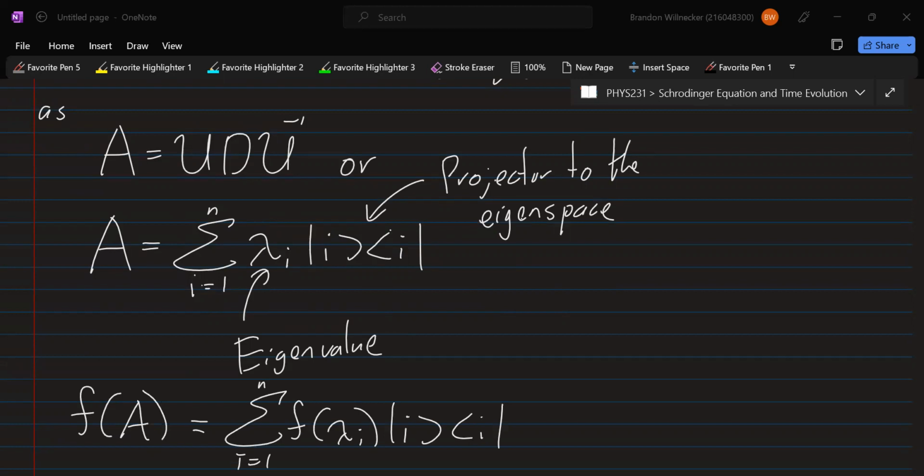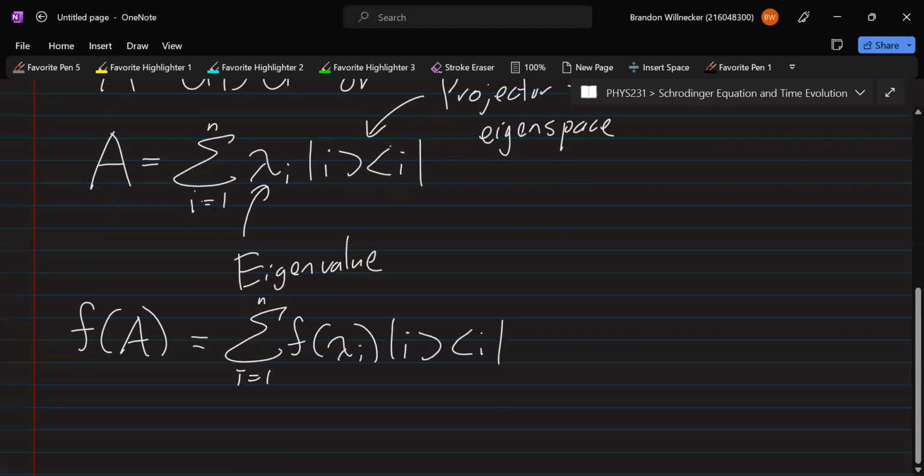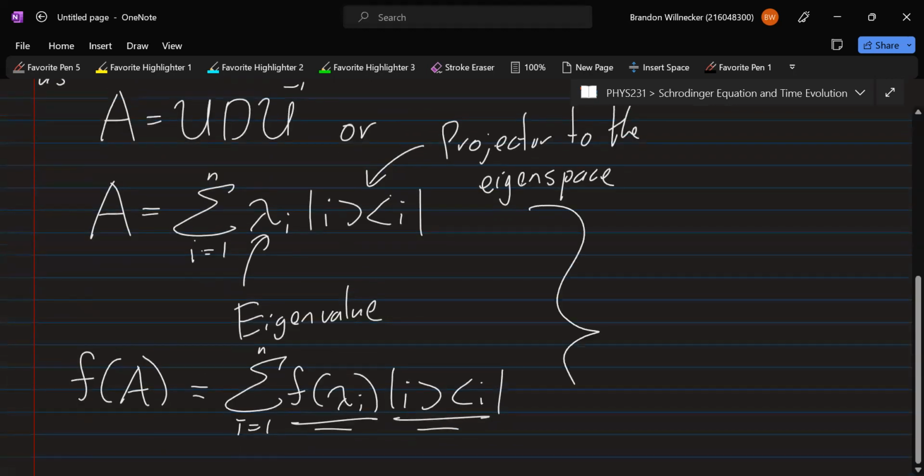This is very similar to what we had before when we took f of a diagonal matrix D. We had the diagonal elements running along the diagonal, and if we take the function, it's going to be f of lambda 1, f of lambda 2, and so on. So we have the function of the eigenvalue, and then we have the same projector. Altogether, this bit here, we call the spectral theorem.